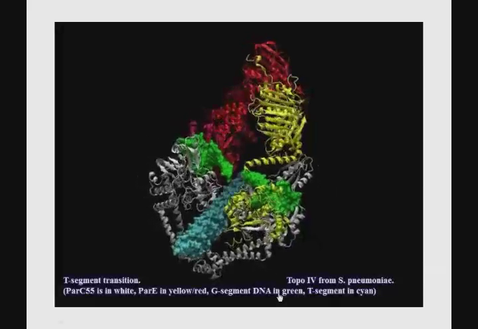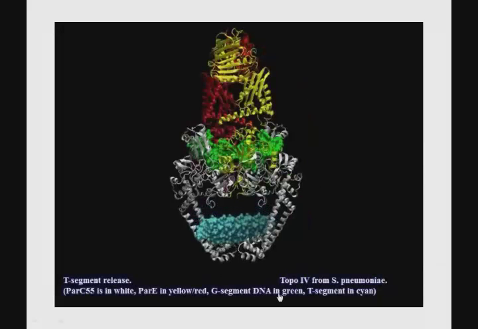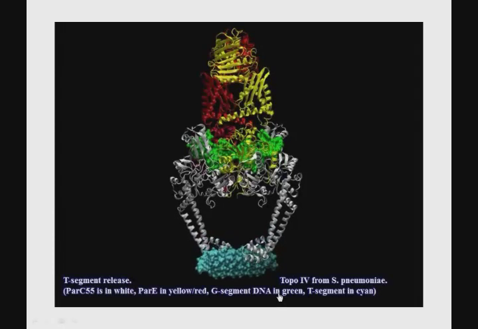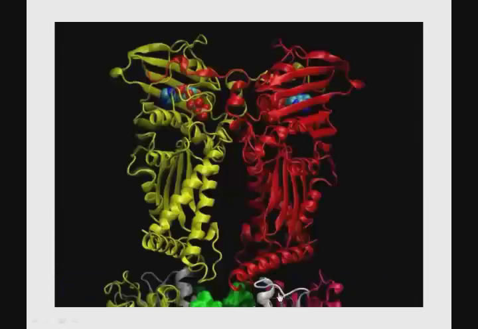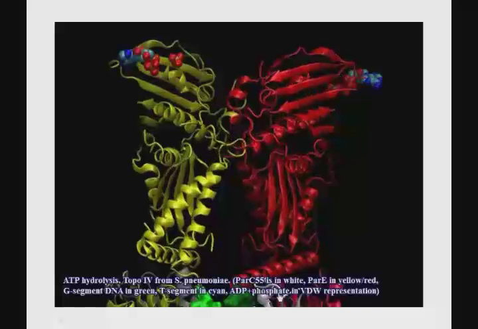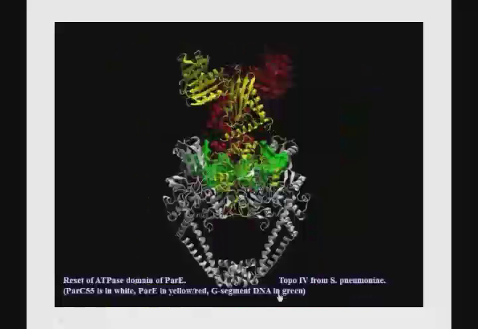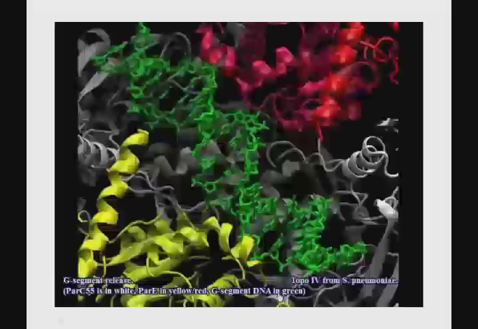It's just a really cool mechanism, right? And then it opens up and lets go. How these machineries evolved to do this is quite remarkable, I think.